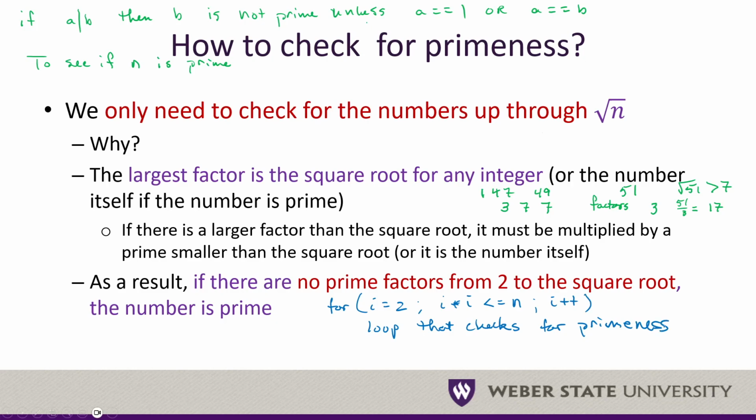In other words, I check 2, which is my first prime number, and up through the square root of n. i times i, if it's equal to n, then i is the square root. So that's one way that will actually do it for you without pulling in a special library. It's also cheaper than having a square root function. The square root function requires more computational time than a multiplication.